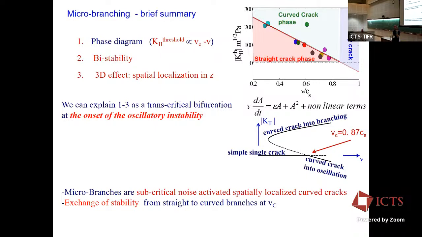But these were spontaneous, which means probably that we have inhomogeneities in our gel that we can't even see by eye. But it's apparently enough to kick it. So if your system is not uniform or homogeneous, then we can say there is some amount of noise due to inhomogeneities. That might cause the branches.